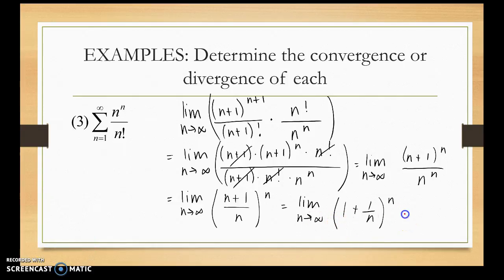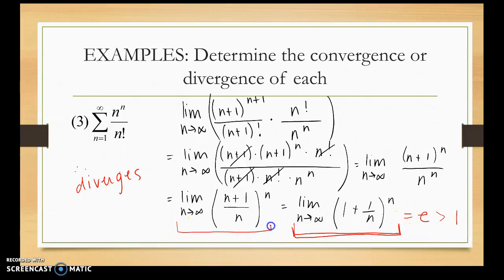This limit itself approaches e. E is bigger than 1, so this series diverges. All right, so you are responsible for being able to recognize that limit. You can recognize it from this step as well, but I think breaking it up into the 1 plus 1 over n makes it more recognizable.